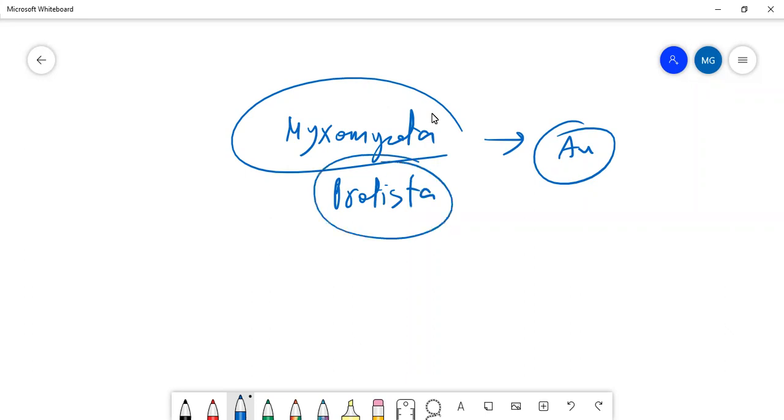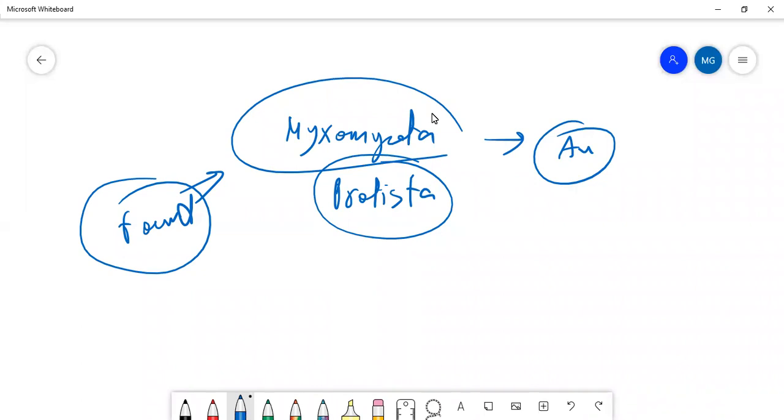Why is it mainly studied by mycologists? Because it is found under those environments where fungi grow. So in those climates where fungi grow, myxomycota is also found. That is one of the reasons it is more encountered by the mycologist.